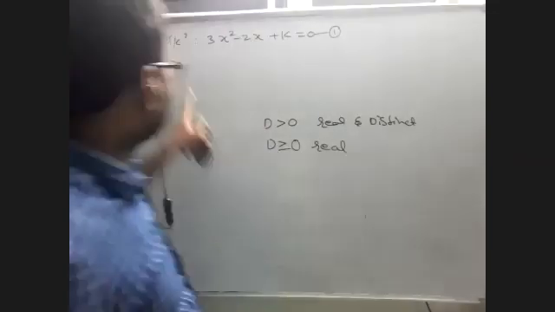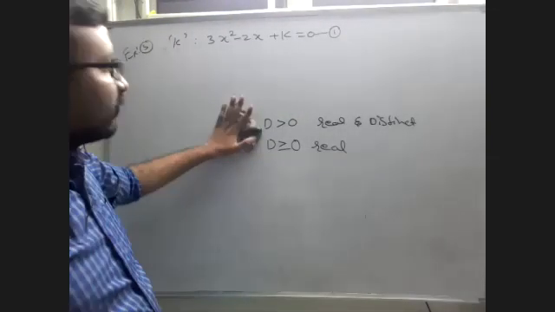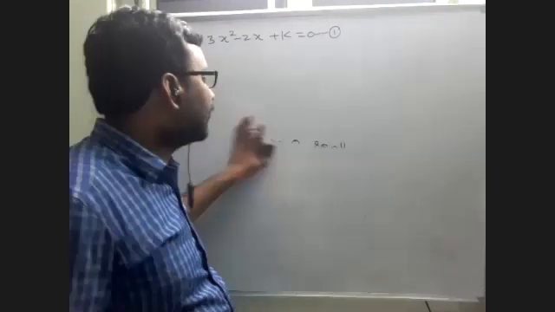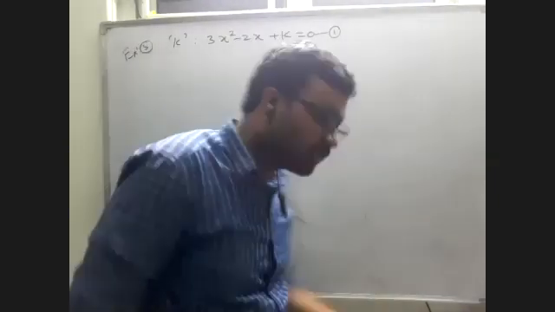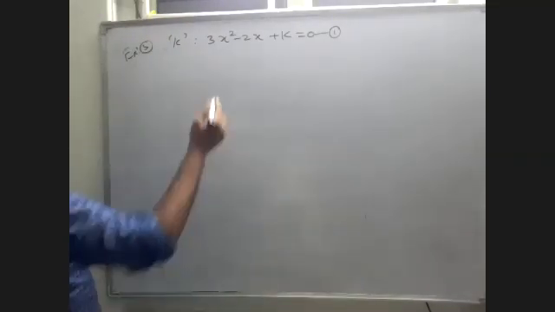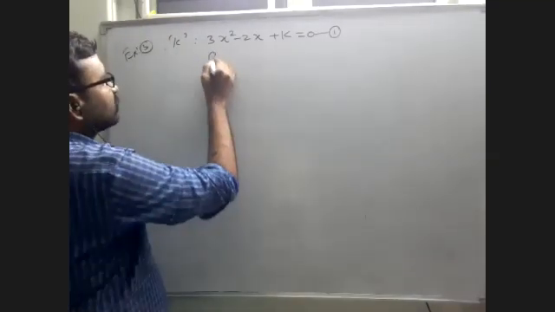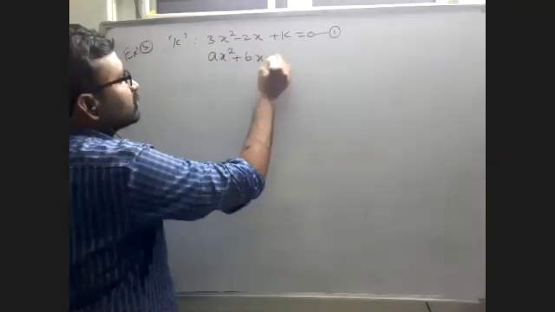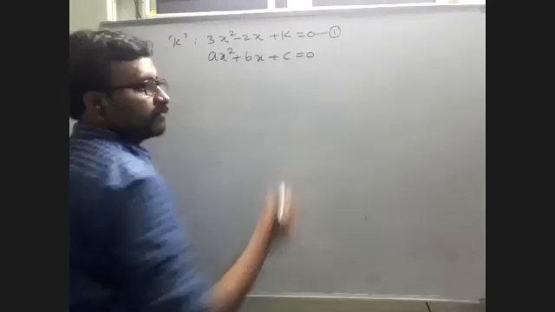Now the question is: find the values of k for which the equation has only real roots. Here it says real roots, so we have to take delta greater than or equal to 0. First of all, this is a quadratic equation in the form ax square plus bx plus c equal to 0.